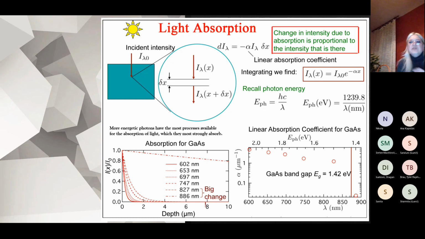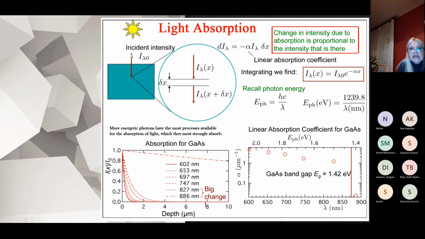Before we go on, we have to say something about light absorption and, of course, the band gap of the material. This is quite important, because we have incident light, which of course depends on the wavelength.